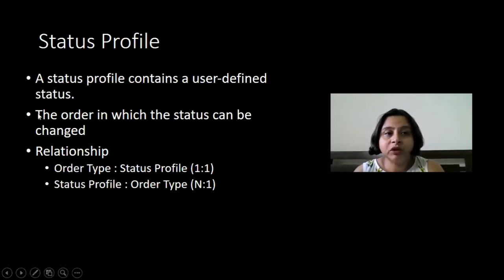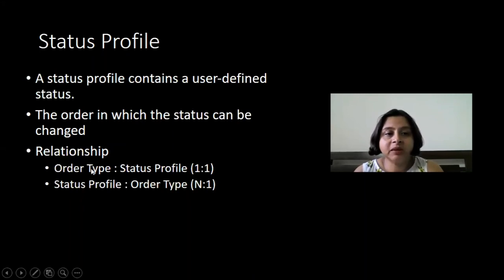But as a developer, you should understand that the user statuses are clubbed together in a status profile, and these statuses can be changed in a particular order, and the rules for how they can be changed are defined in the status profile. So whenever you are trying to edit any user status, you should always use a function module, because this function module takes care of all these rules. How to use this function module we will discuss in the coming videos.